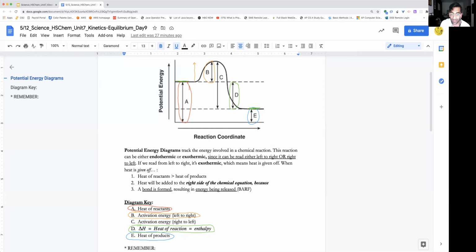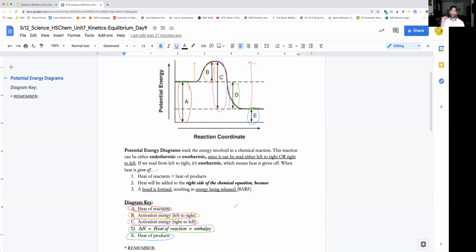And now, if I'm going in the other direction, just use pink here, then here's the difference, right? Here's where I start. Up there is still where I end up. And that is my activation energy, or the energy it takes to activate the reaction if I'm reading it from right to left. All right. Here we go. My activation energy.